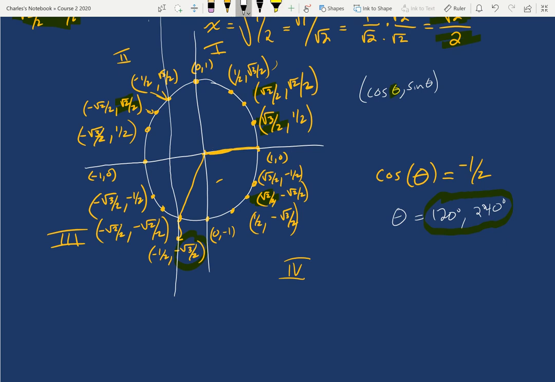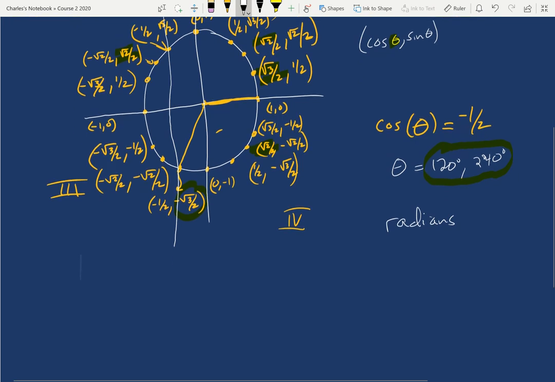We use a new thing, and the new thing is called radians. It's just like if we measure length, we might have one measurement which uses feet and inches, and another system that uses centimeters and meters. So it's just a different way to measure a new thing.